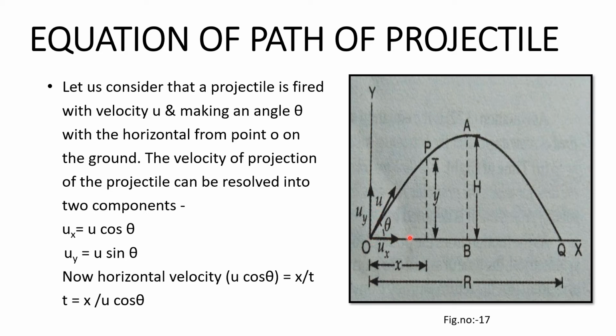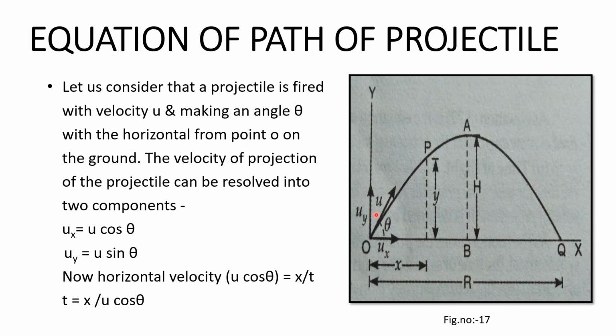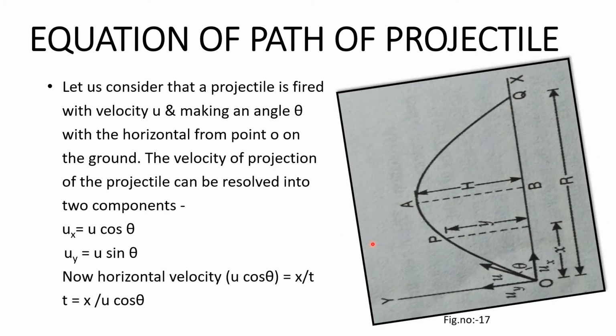Ux is the component of u along x-axis, while uy is the component of u along y-axis. Here the projectile is neither moving along x-axis nor along y-axis, but it makes some angle theta with the horizontal axis. The velocity can be resolved into two components.